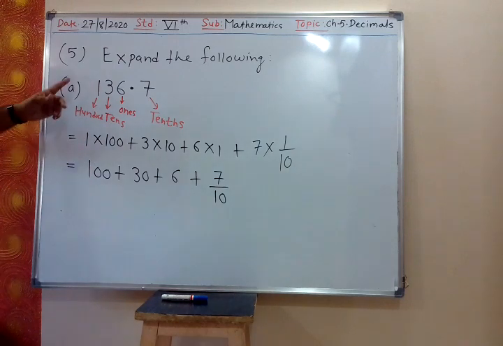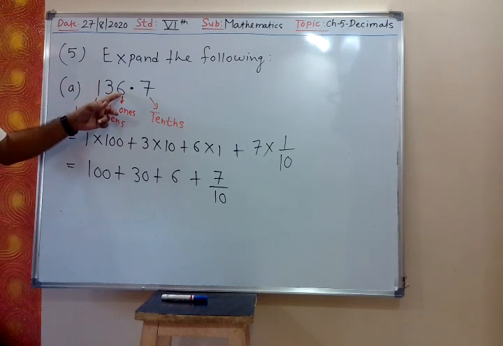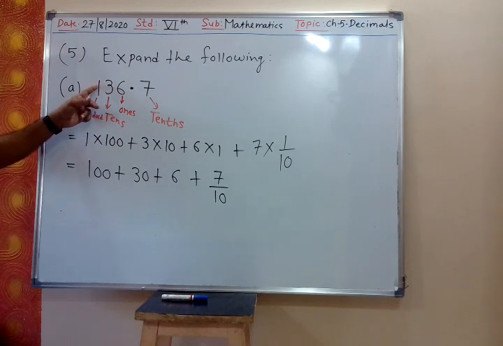See here, we want to write the expanded form. Before decimal, how will you read this number? You will read it as 136.7. So in 136, the position of 1 is 100.